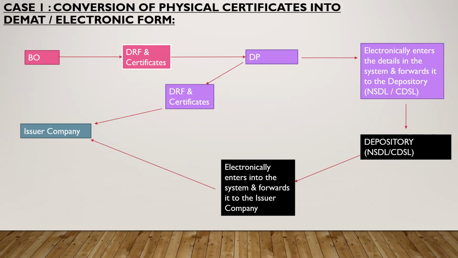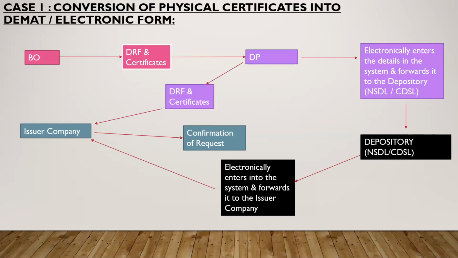Okay. Now what happens is, the issuer company has received the original certificates from the DP. The issuer company has received information from the depository. So now the issuer company will be verifying, will be checking the same. Okay. So what happens is, after checking, after confirming, after verifying, the issuer company will confirm the request.